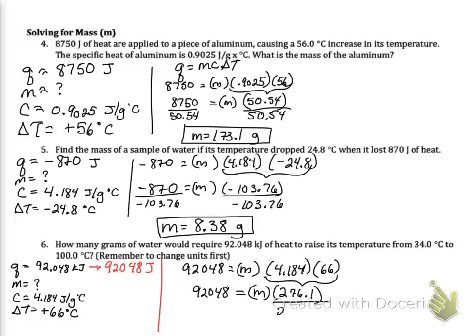And then to get M alone, I'm going to divide both sides by the 276.1. And I get a final mass of 333.3 grams.